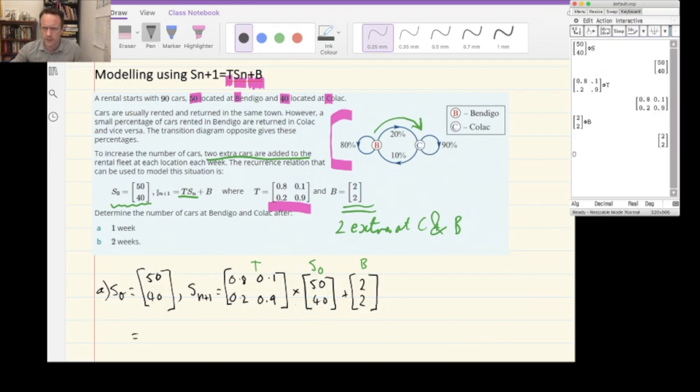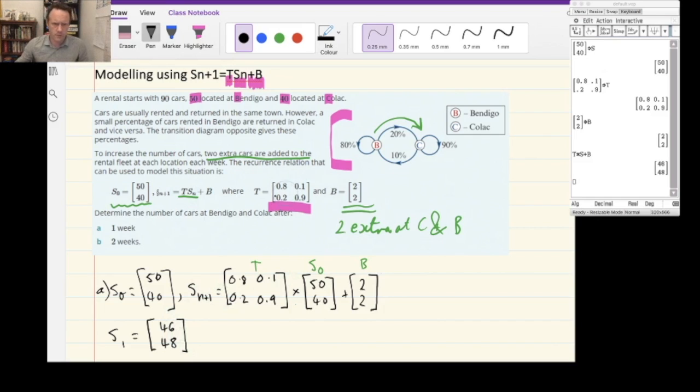Up here I've already set up the matrices needed for this. You can see I've got the transition matrix named T, multiplied by S, and on top of that we add B. After that we get S1 is 46 and 48 cars respectively.